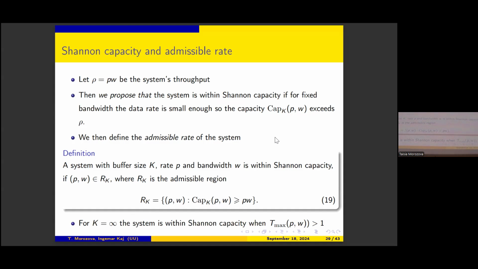We say that the system works whenever Shannon capacity exceeds the system's throughput, which is the product of P and the bandwidth. We define a set of the values P and W for which capacity is larger than them, and then the system works fine. When the capacity can no longer cover this, it means we cannot adapt to traffic demands anymore.